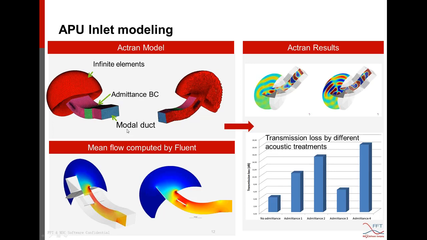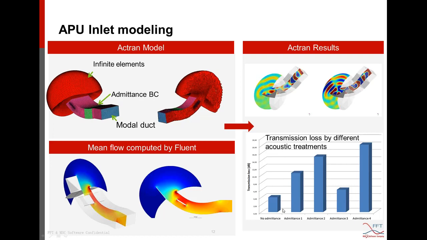So we can calculate a sound transmission loss, defined by the ratio of the incident acoustic energy and the transmitted acoustic energy. On the bottom right, we see this chart of the modification of transmission loss by different admittance values that were predefined and applied in the duct.